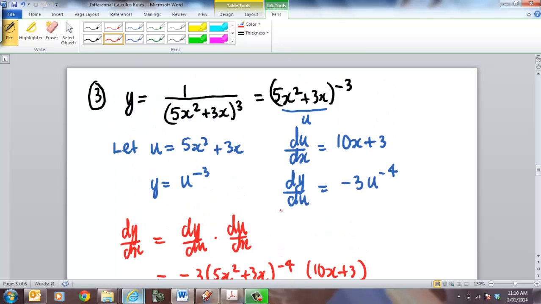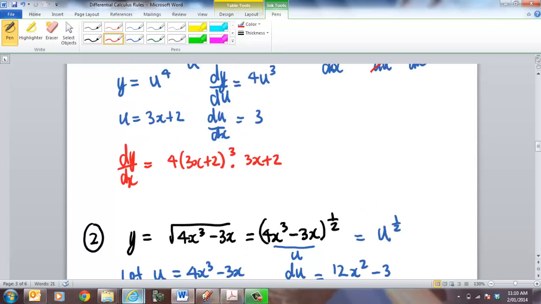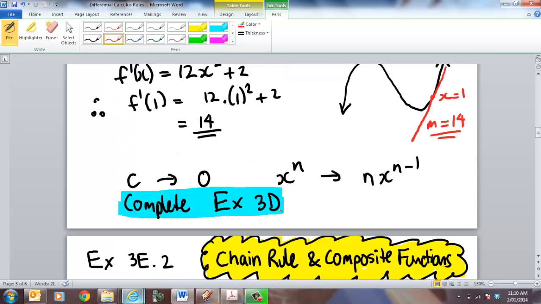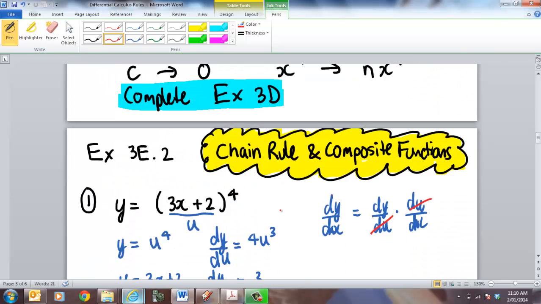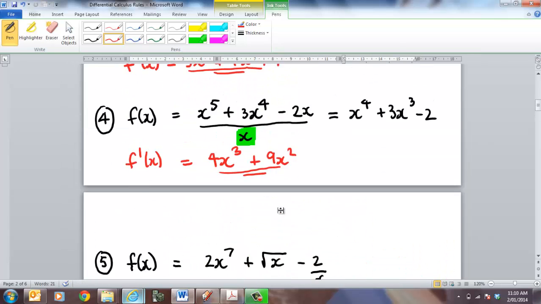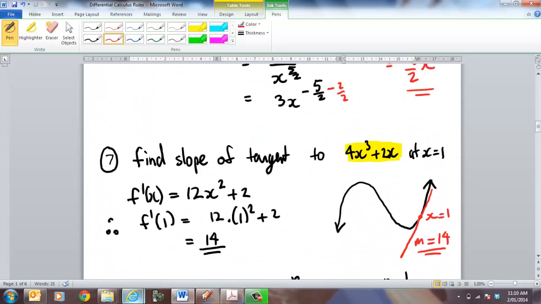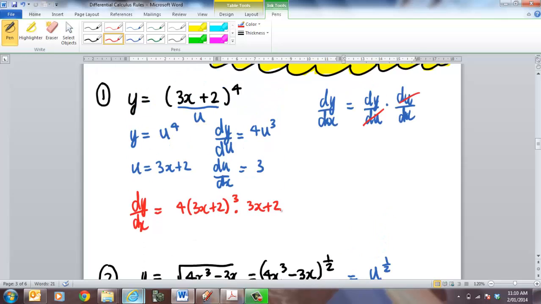Now I actually don't generally do things using the chain rule. I use the function of a function, the composite function rule. An easy way of thinking of doing this one here, this is my thinking.